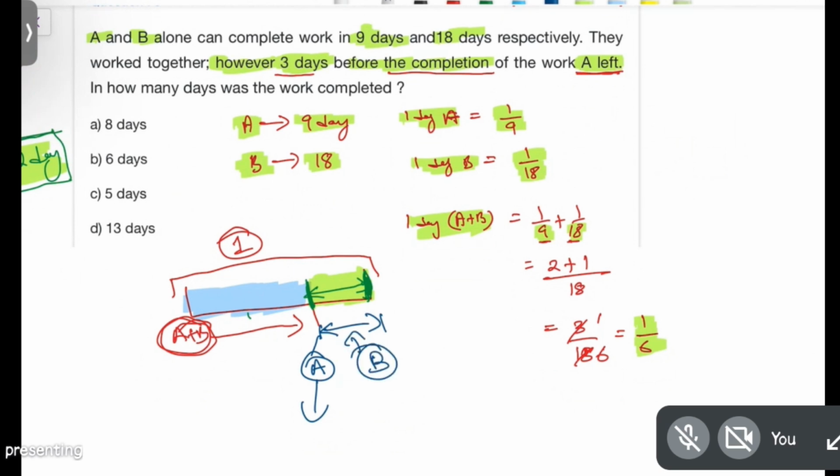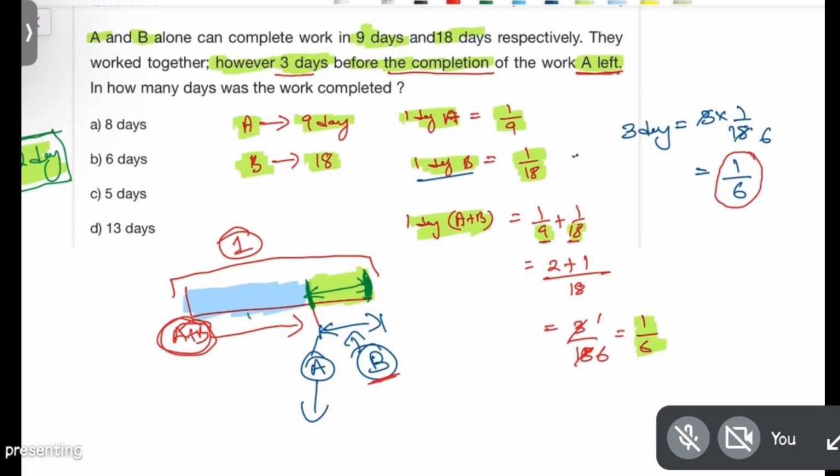3 days work. Now we have 1 day work of B, so I'll find 3 days work of B. 3 days work of B is nothing but 3 into 1 by 18, which means 3 6s are 18. So 3 days work of B is nothing but 1 by 6. Why B?